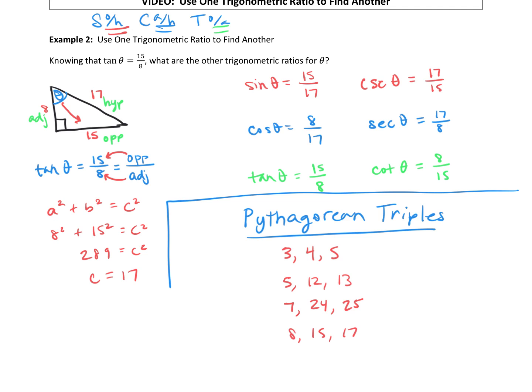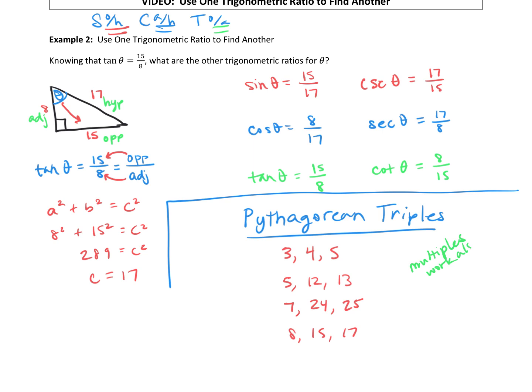So if you have a right triangle with any two of these three sides in these groupings, then we can just say, I already know what the third side is. I don't even have to do the Pythagorean theorem. Just make a note also that multiples of these work as well.